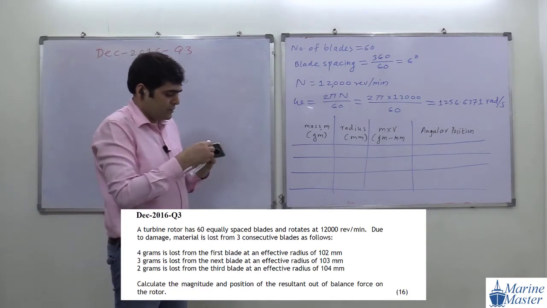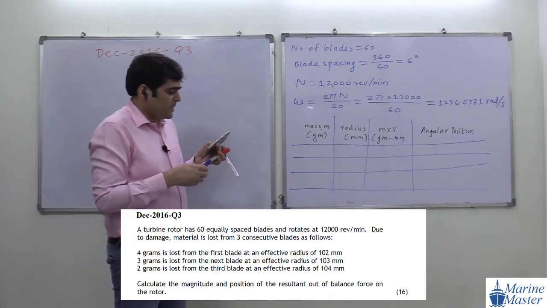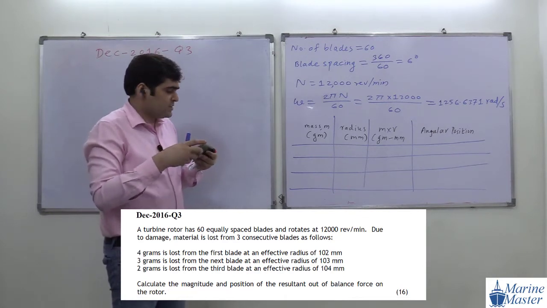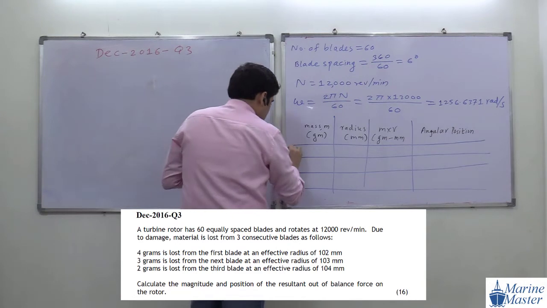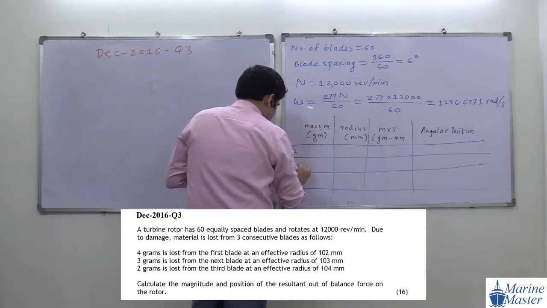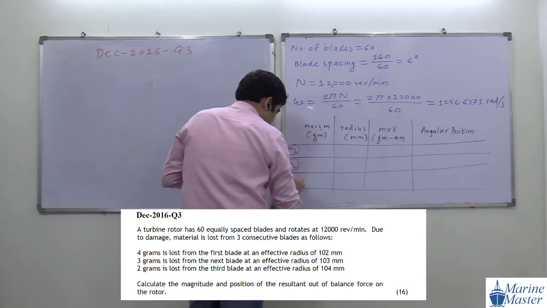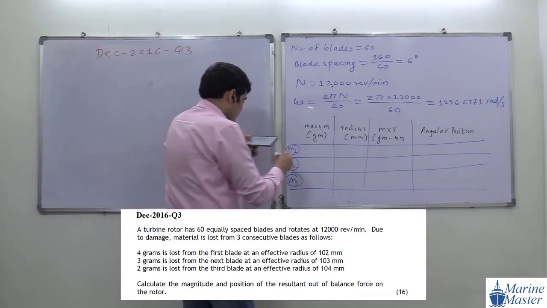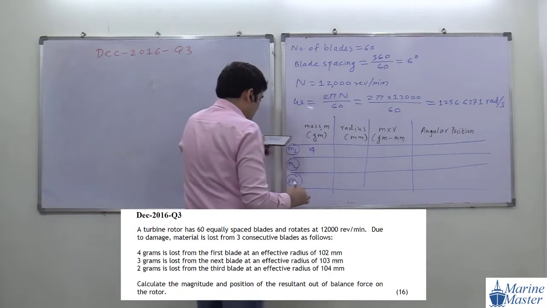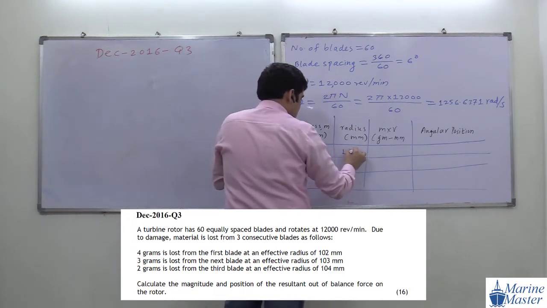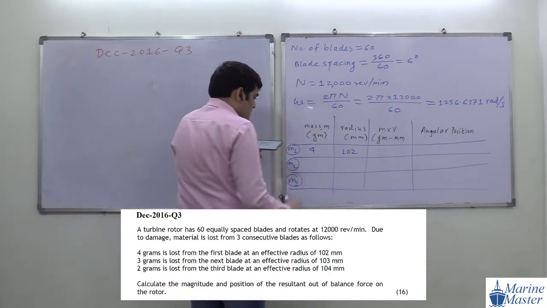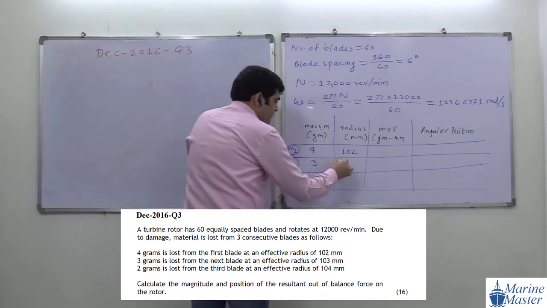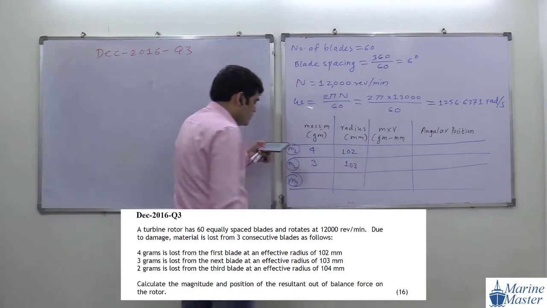First mass we will say as m1, this is m2, and this is m3. First mass is 4 gram. How much radius? 102 mm. Second mass is 3 gram, radius 103.